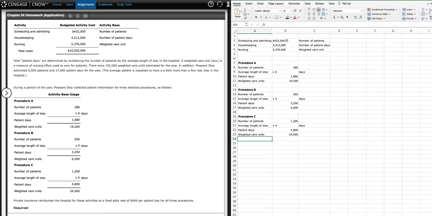So for the rates, we're going to take the total cost and divide it by the estimated units. So for scheduling and admitting, 432,000, and we're talking number of patients. And if we come down here, it said 6,000 patients. So in Excel, we'll say equals the amount divided by 6,000.